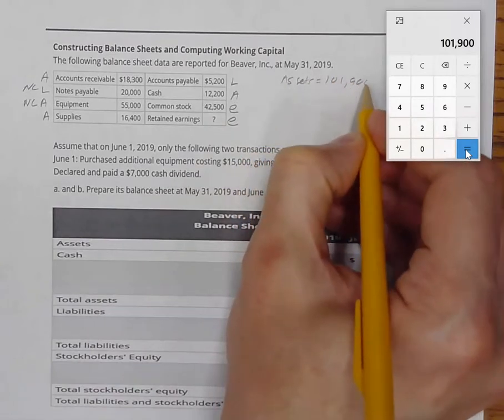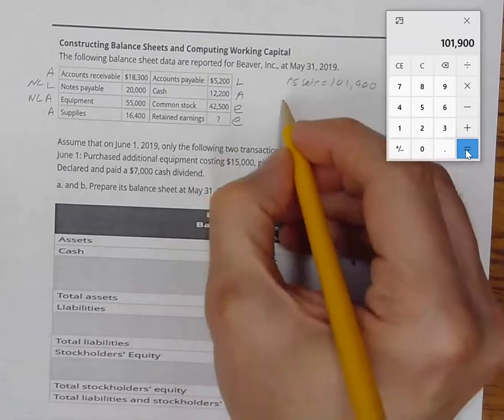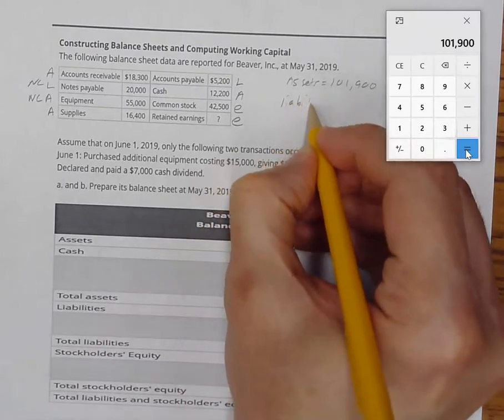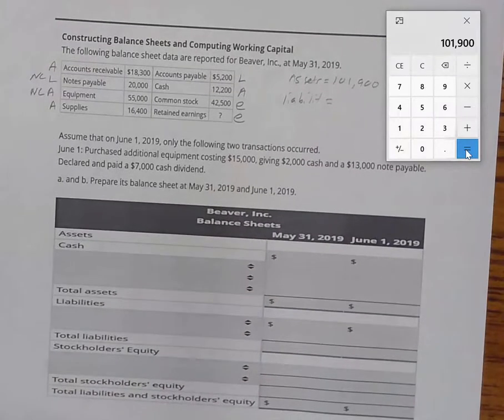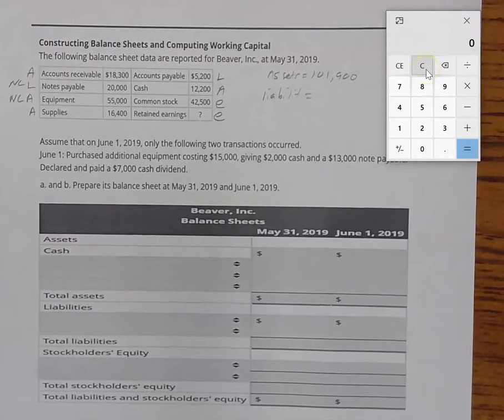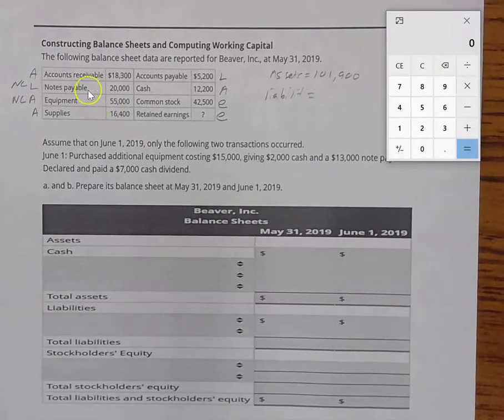of $101,900. Okay, then I'm just going to write down my liabilities here, abbreviate slightly, and let's see here what we have. I'm going from left to right, so we have a note payable for $20,000 plus an account payable for $5,200.